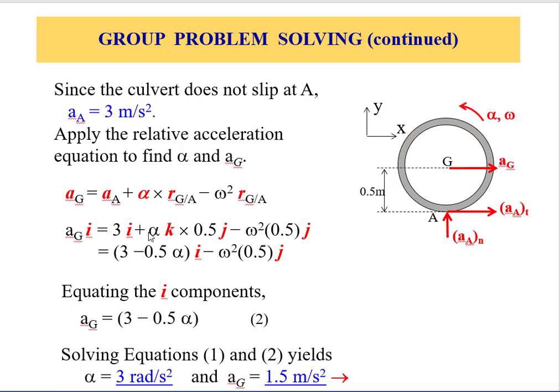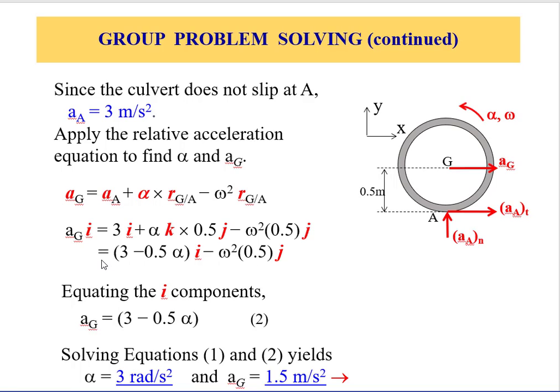Simplify that. We distribute the cross product and then reassemble all the components of i together and all the components of j together. So you're going to end up with that. Try this again at home. So this is AG in the i direction equal to that. Omega is going to be equal to 0 because there's nothing on the left-hand side in the j component, which means that at this moment it is not rotating.